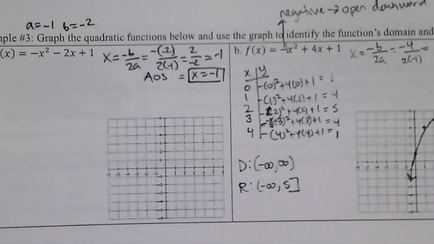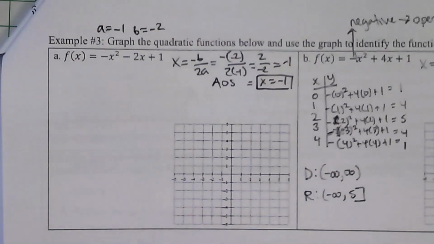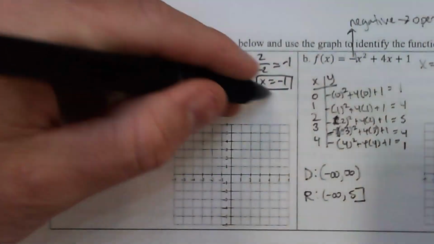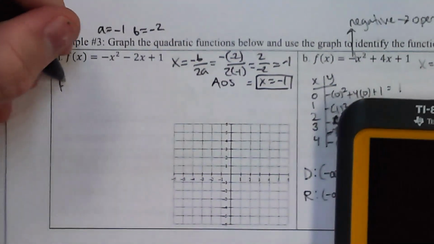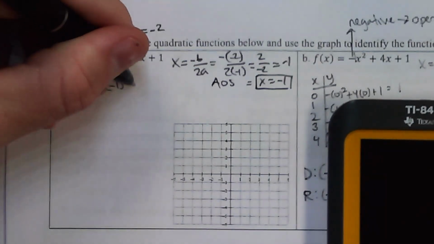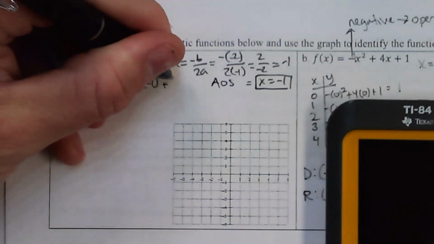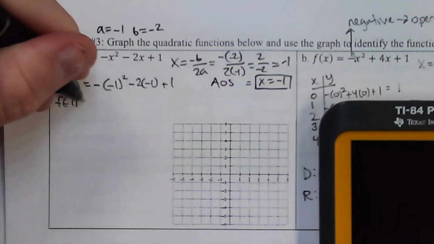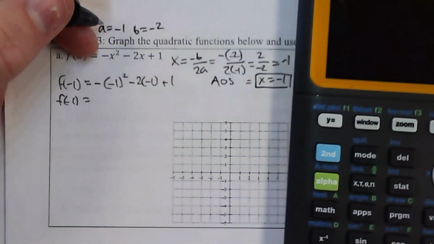Now, to find the vertex, you plug this into the equation. So f of -1 equals negative times -1 squared minus 2 times -1. Can you use your calculator to do this? That's fine with me.